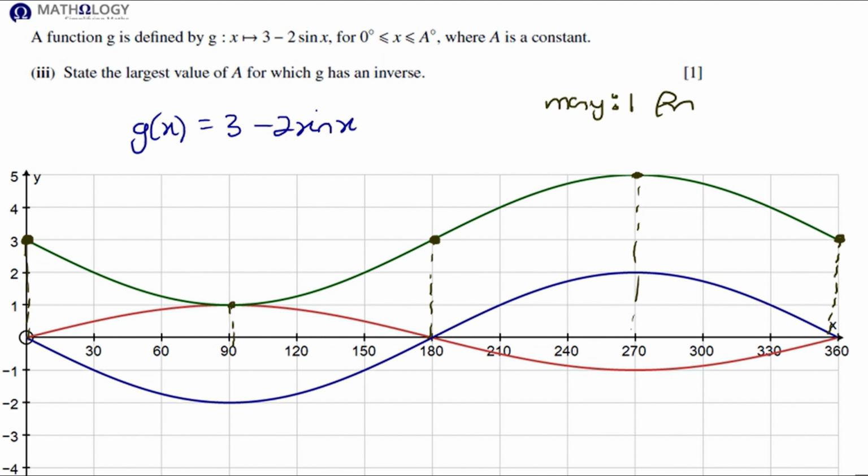Now, a one-to-one function means that for every one input value, we can only have one distinct output value. So in other words, for every distinct x value, there's only one y value. So we need to restrict this function to the interval between 0 and a degrees, such that g of x has an inverse.